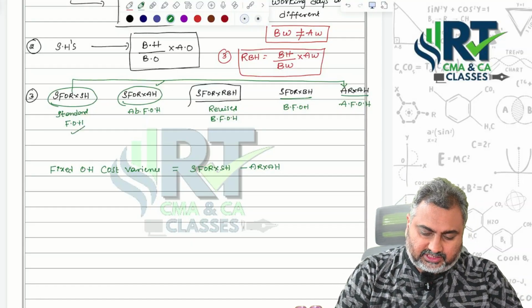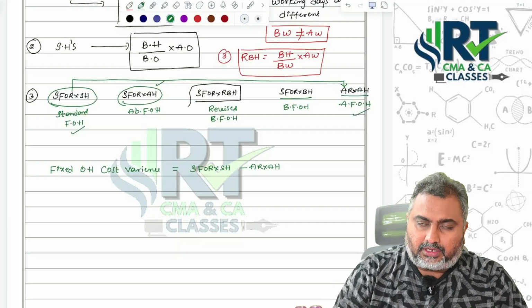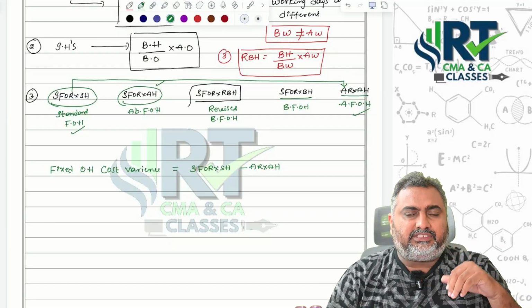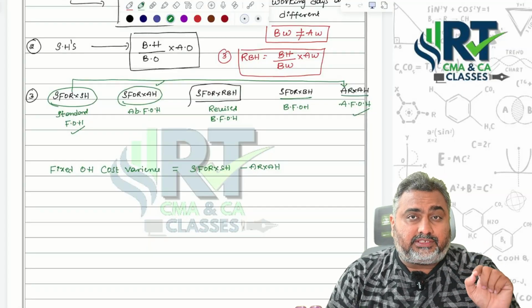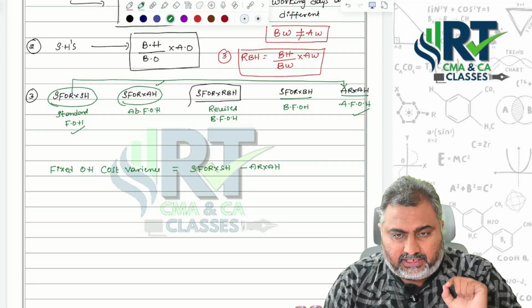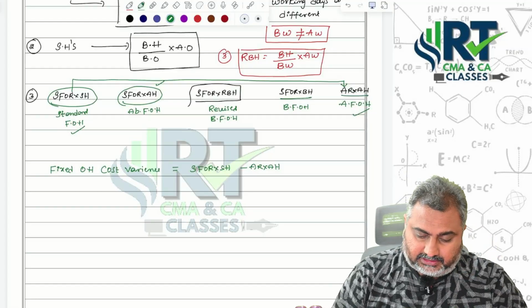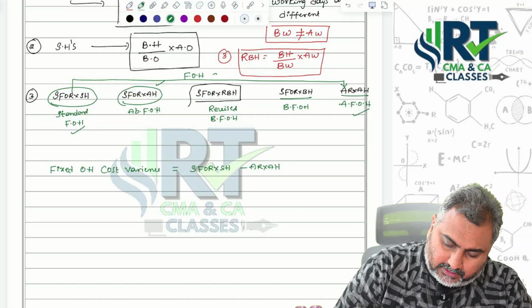This is standard, predetermined fixed overheads, and this is actual fixed overheads. The difference between standard versus actual fixed overheads is the reason we call it fixed overhead cost variance.